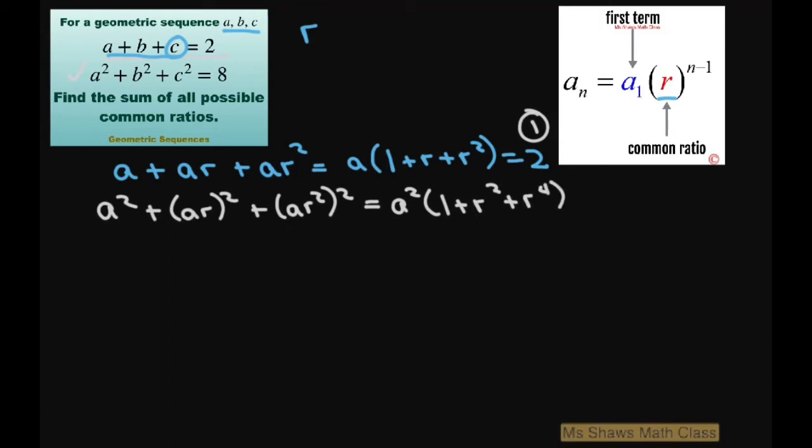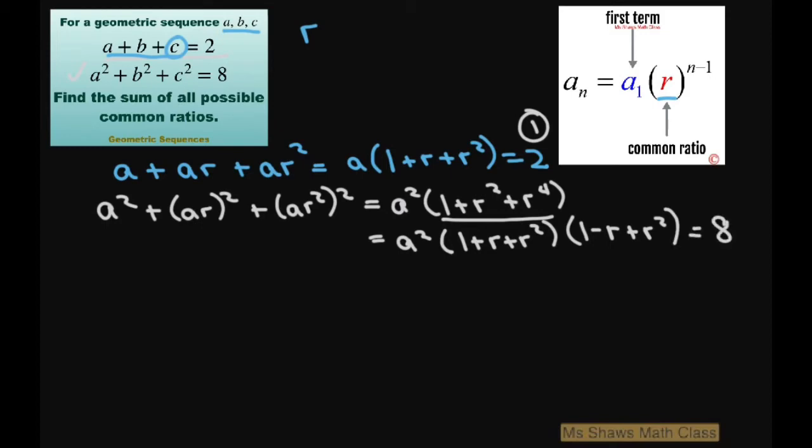Now I can simplify this, it's a perfect square trinomial, so I can write this as a squared times 1 plus r plus r squared times 1 minus r plus r squared. And this equals 8. Now that we have that, we're going to call this equation 2.